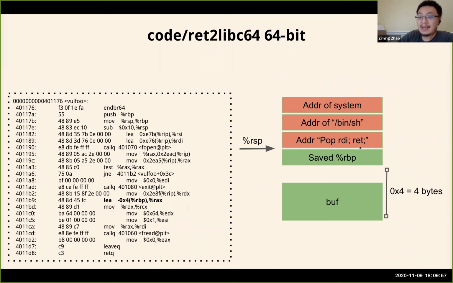So now we execute a return again. Then we are going to go into the function system, and when we go into the function system, we already set up the RDI. And this is a very small gadget. So this is how it works in theory.